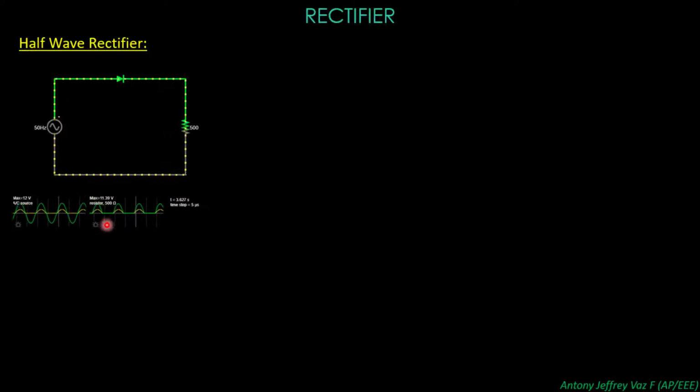Here you can see the maximum applied AC source voltage is 12 volts, and across the 500 ohm resistor you will have a maximum of 11.39 volts, and the current is also shown. This yellow wave is the current which is flowing.